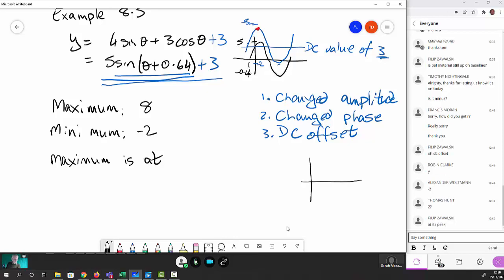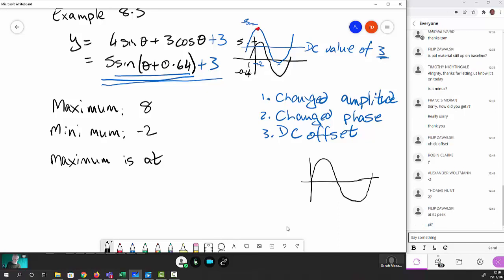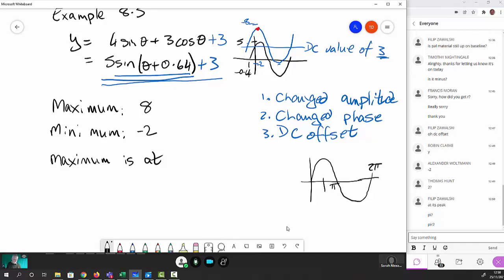Let's do a vanilla one. Yeah, what's the angle at its peak? Oh, okay, so this is 2 pi. This is pi. So what's that? Exactly. So this is pi over 2. So the maximum value is at pi over 2.